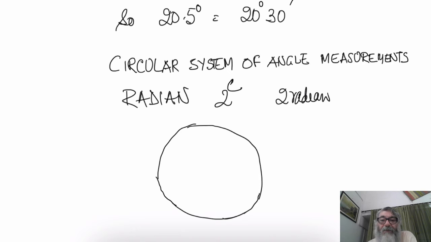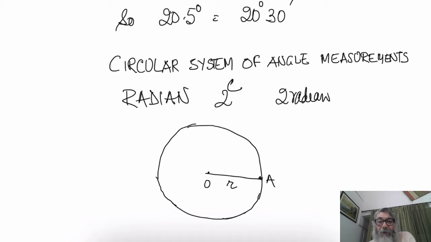Now suppose this is a circle of radius r. This O is the center and this is the circle of radius r. So if I join the center of the circle to any point on the circumference, suppose I take a point A and join O to A, then this distance is r.